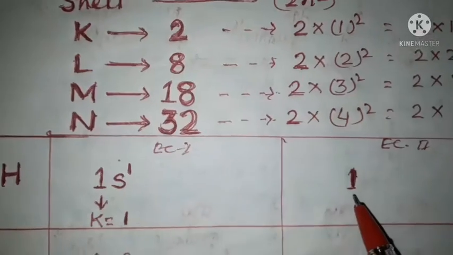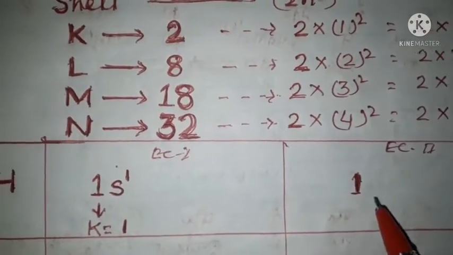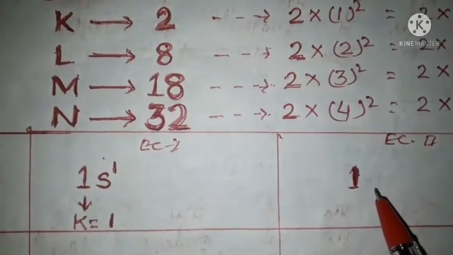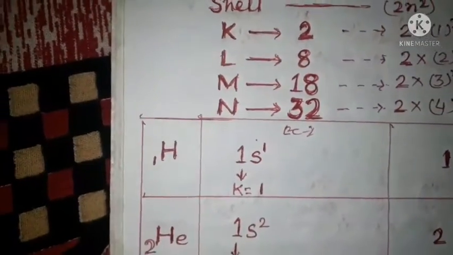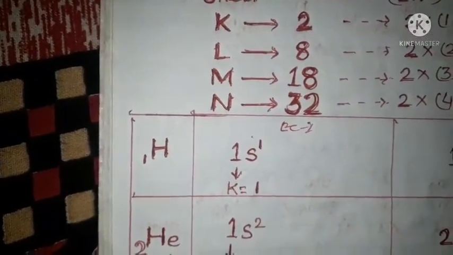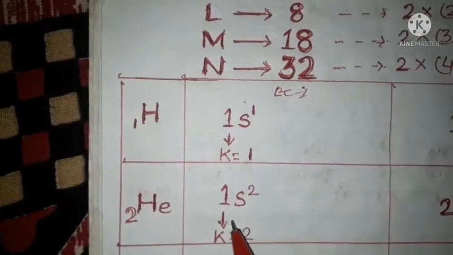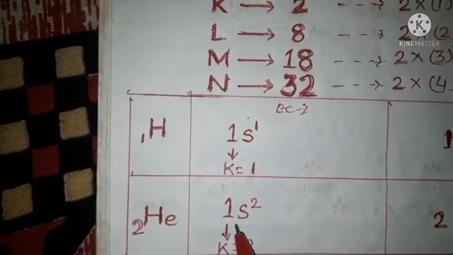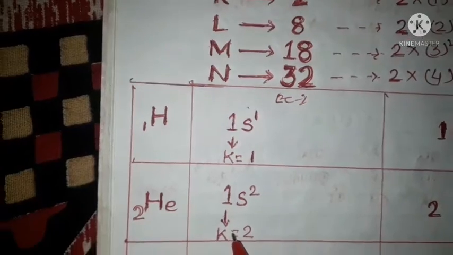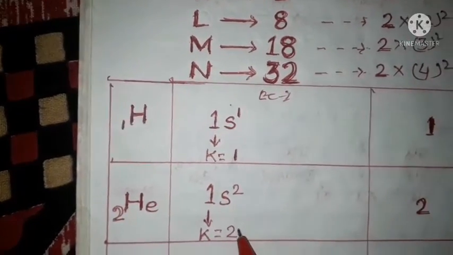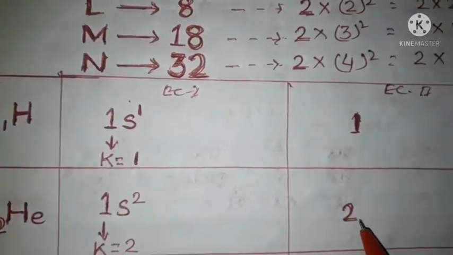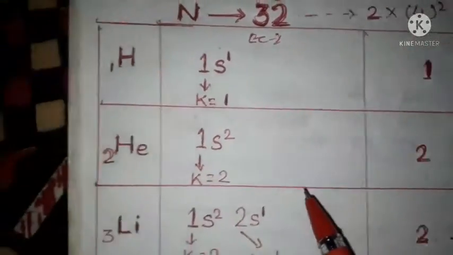Now the second form of electronic configuration, we write it 1. Now in helium, we know that Z of helium is 2, then 1s2, in which 1 is K and the number of electrons is 2, then we will write it 2.